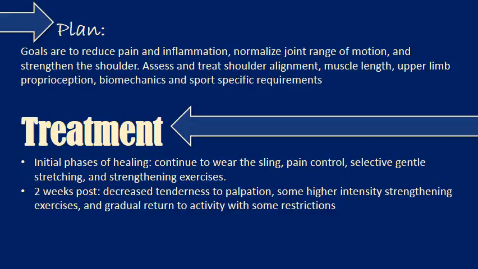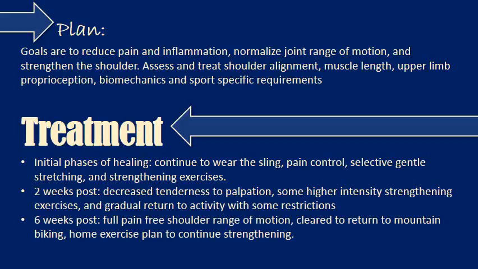They should be led to higher intensity strengthening exercises and be helped to gradually return to normal activity with some restrictions. 6 weeks post-injury, full pain-free shoulder range of motion should be observed, and patients can be cleared to return to regular activity with a home exercise plan to continue strengthening.